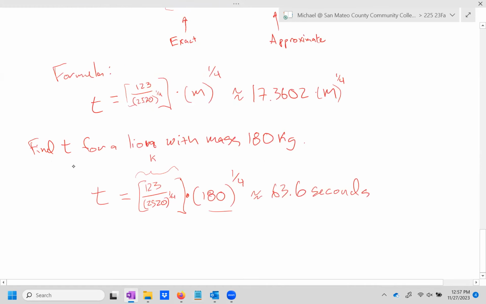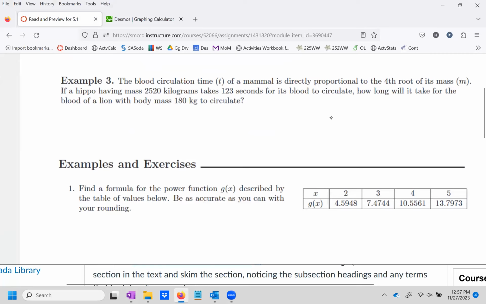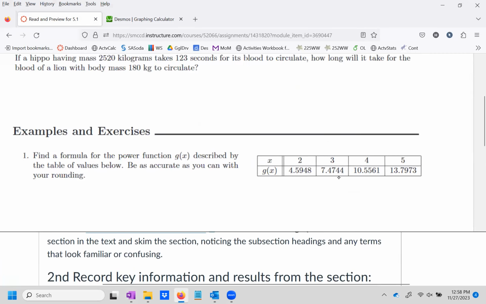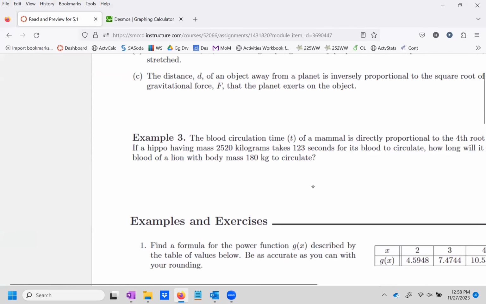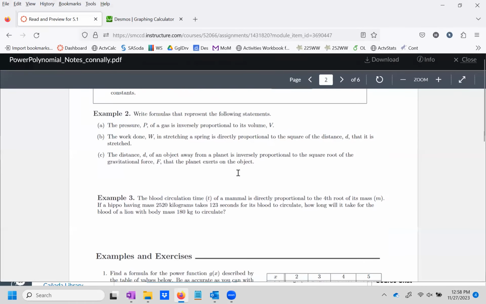All right. Now, that's all I really wanted to do with this, was to make sure that you saw the language of inverse and directly proportional.